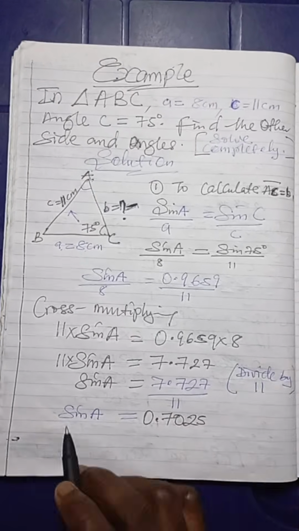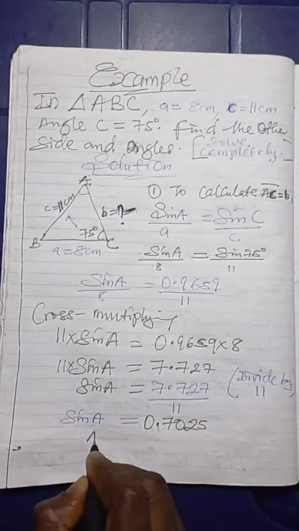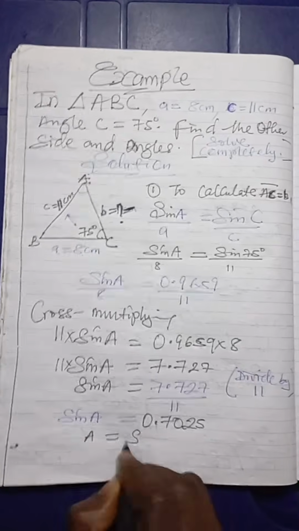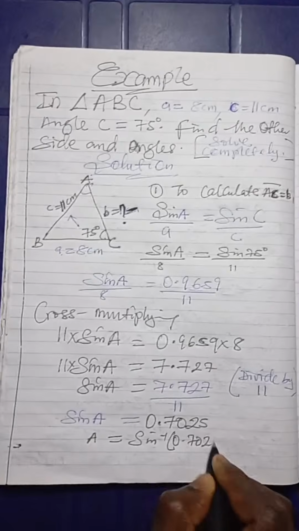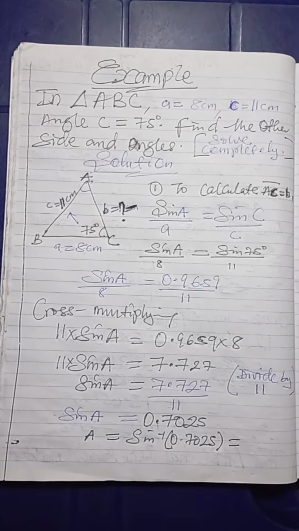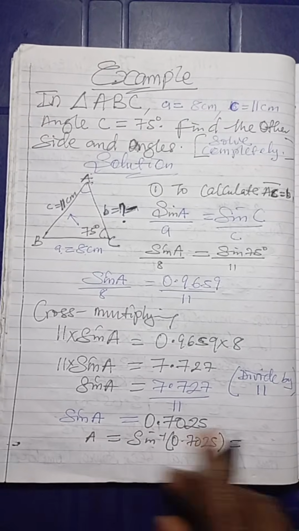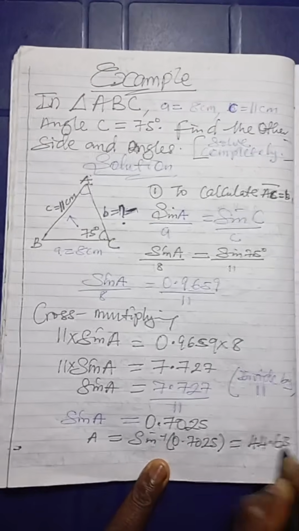We are required to find A, not sine A. Hence, A now will be sine inverse of 0.7025. That is arc sine. In your calculator, just press shift and sine. Then the last answer we have is 44.63.